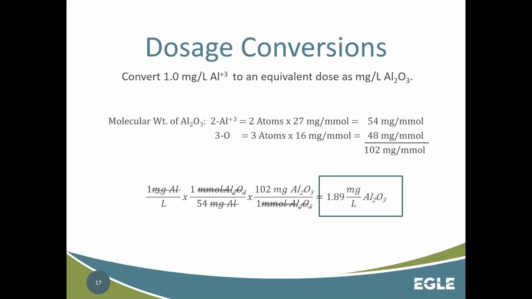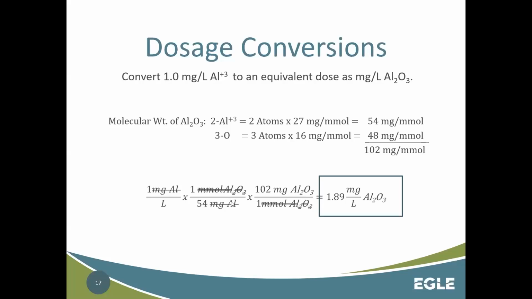So here was our original dose, 1 milligram per liter aluminum ion. We're going to divide that by the number of milligrams per millimole that are aluminum in aluminum oxide, and then we're going to multiply it by the total weight of the aluminum oxide.